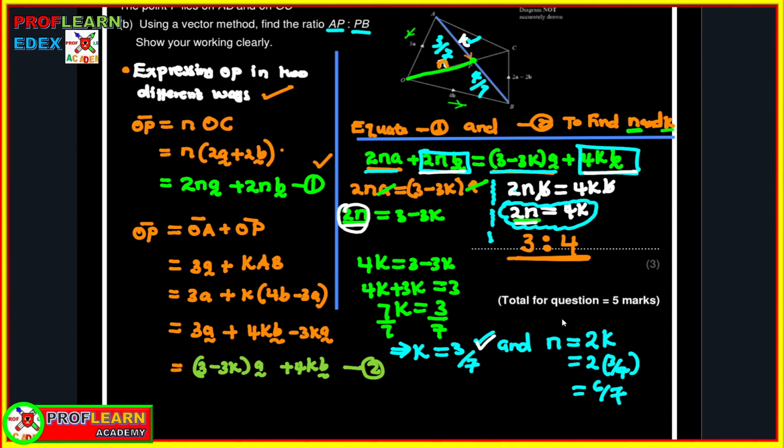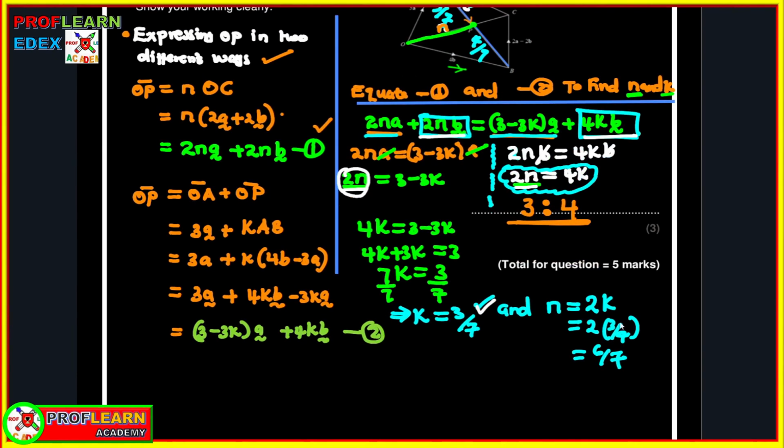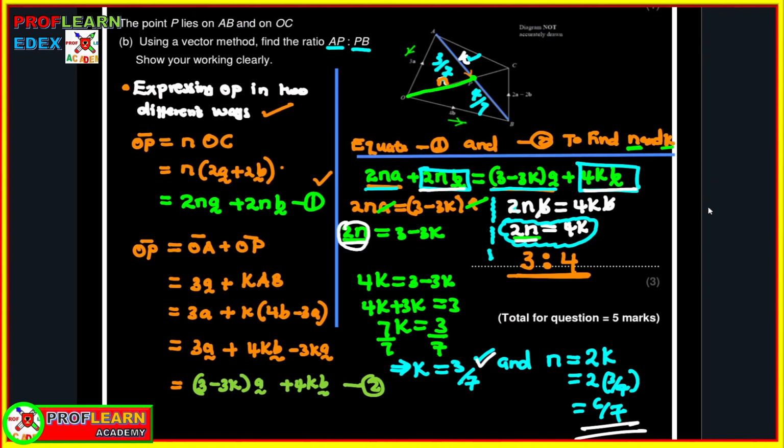Now, to find n, from here, if we divide by 2 both sides, we're going to have n equals 2k, but our k is this, then we can substitute the value of k here, and we end up having 6/7.